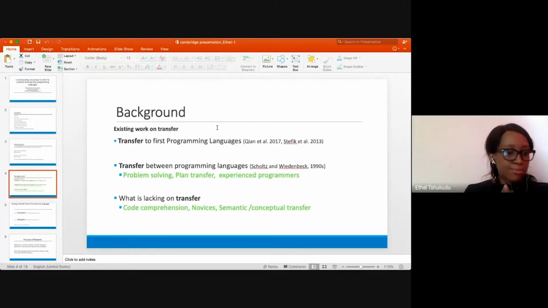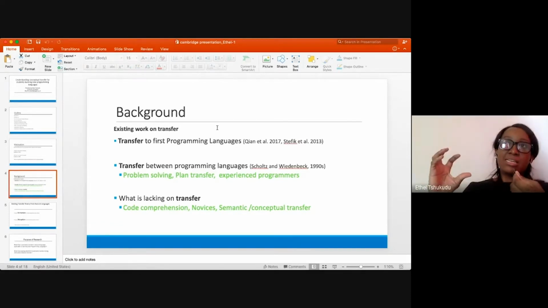Rina was presenting earlier on about computational thinking, which she links to problem solving in learning, in teaching programming. We have the problem solving part of it.